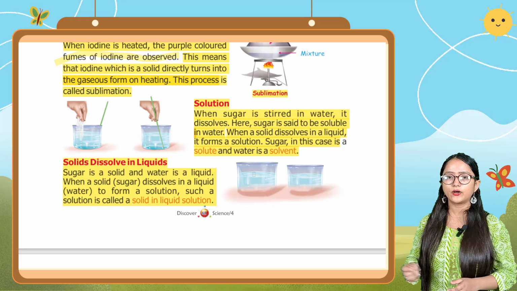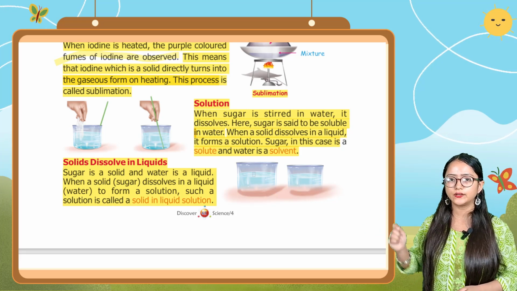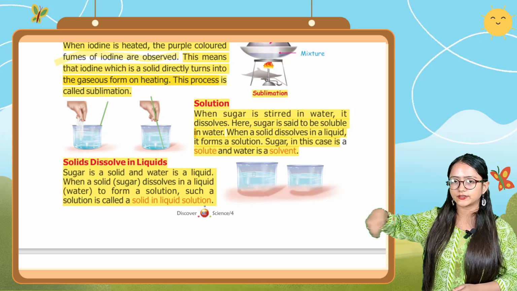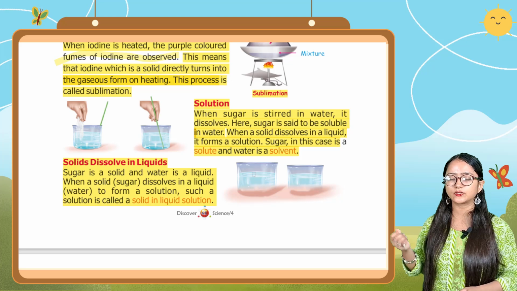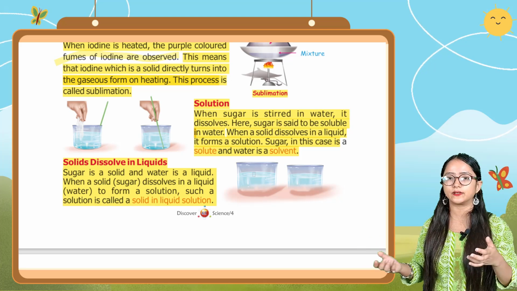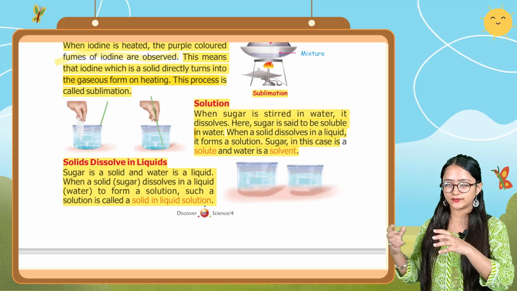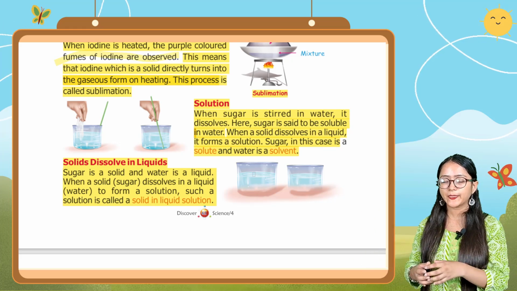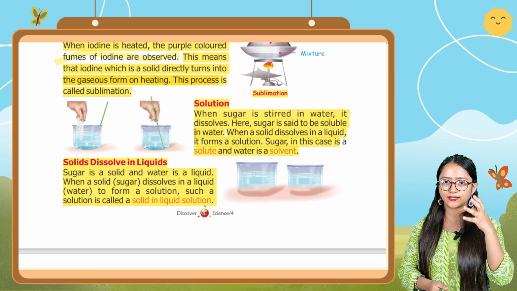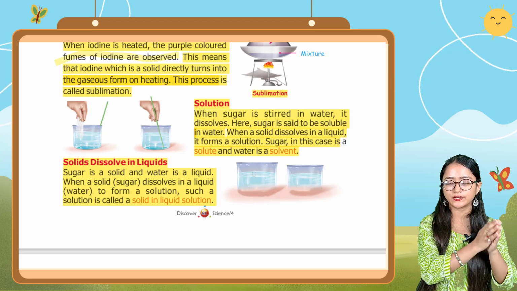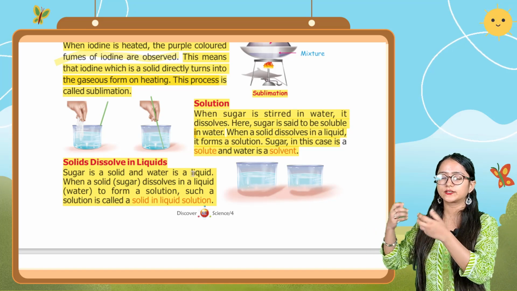Here also we can see that when you put some salt or sugar in the water and continuously stir it, after some time the sugar or salt particles become invisible, and they just dissolve in the water. You can taste the water and feel that this water is sweet, which means the sugar is totally dissolved, or this water is salty, which means the salt is totally dissolved.